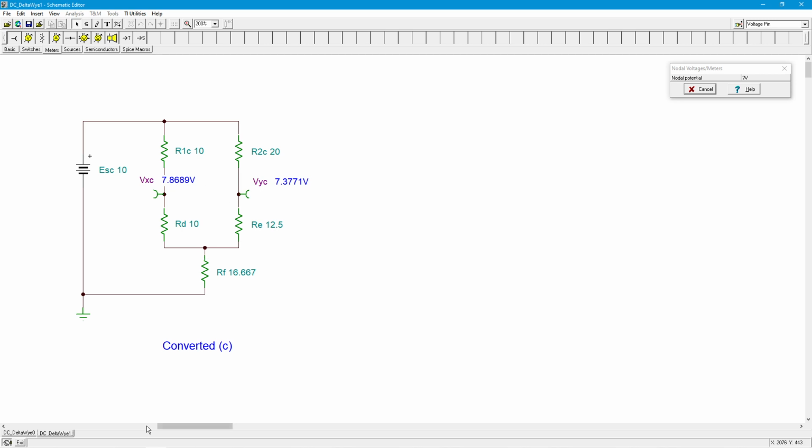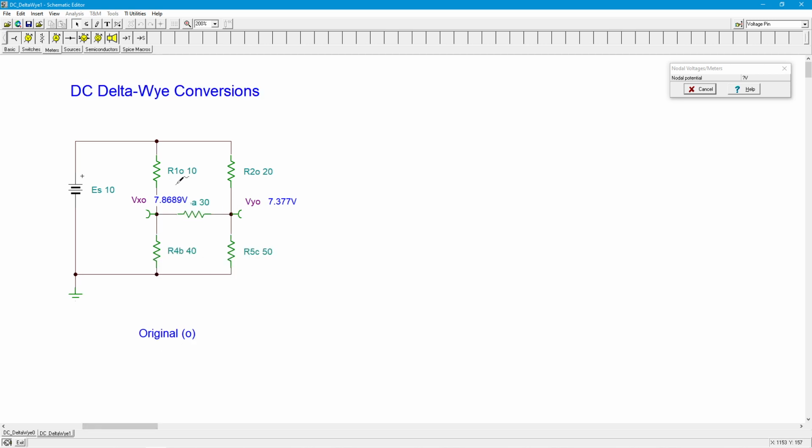So I do it like this, and maybe it's going to work out better for me. It all depends on what the rest of the circuit looks like, obviously. But I'm just saying, there are instances both ways, right? That's the thing, you have to look at it. So you can do delta to Y or a Y to delta.